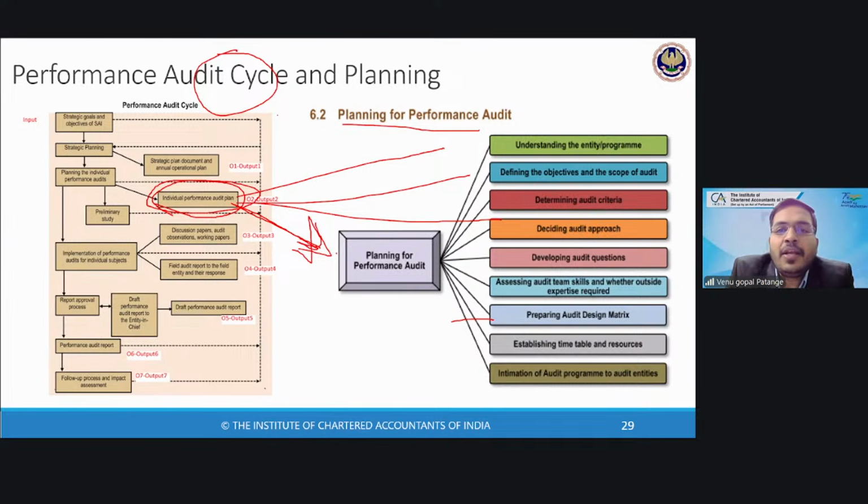Next. Now we will be discussing how one can prepare an individual performance audit plan.